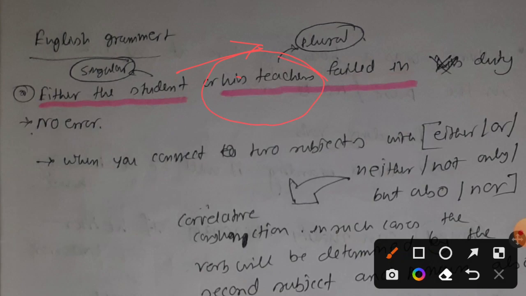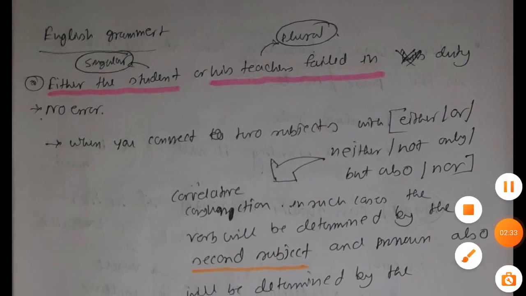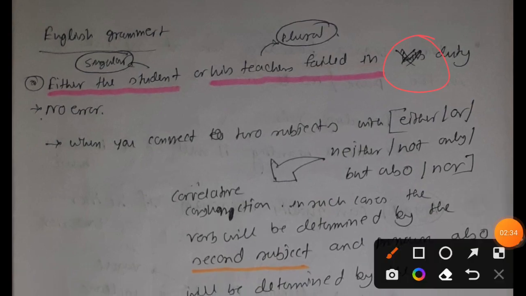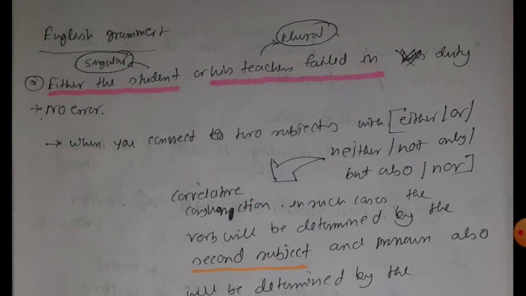If you focus on the second subject, that is teachers, it is the plural form of teacher. So the pronoun that was initially in the question, his, will not be used.